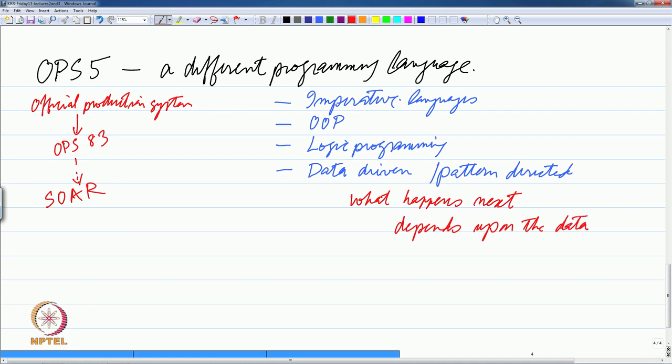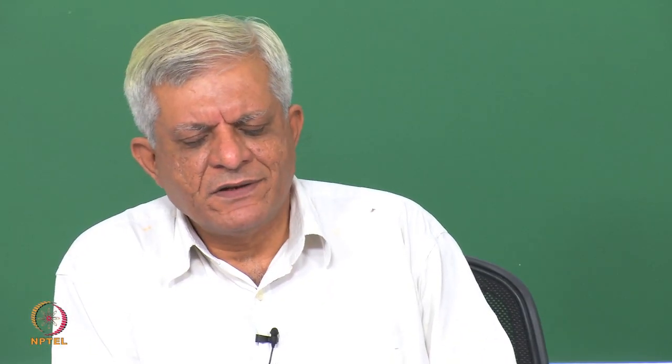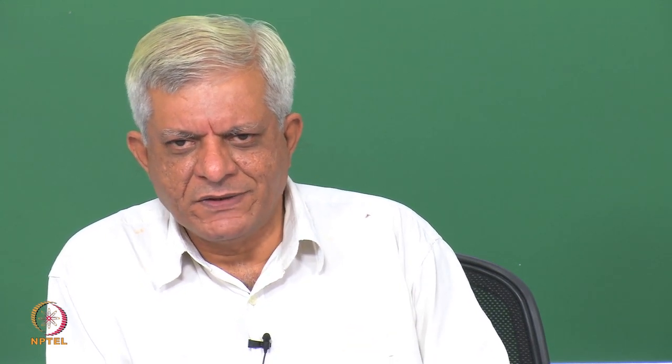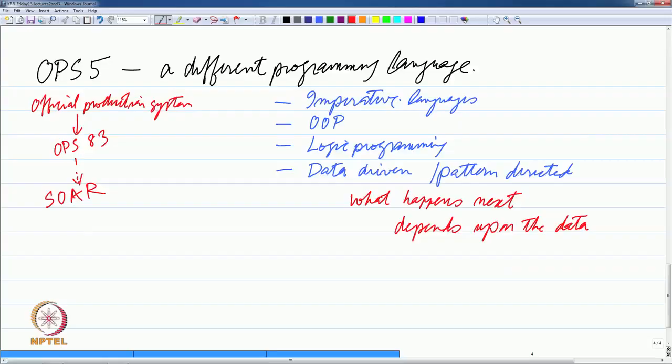It is the data which drives the execution. Of course, you might argue that if you have a lot of if statements in an imperative language, then control there is also driven by data, but the programmer has to hardwire that control into the program, whereas in the language that we are looking at right now, this is not the case.